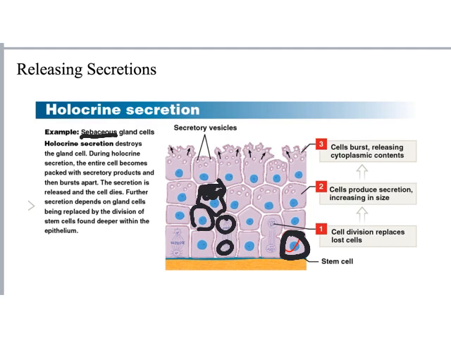And then once they've produced enough of that oil, then they will self-destruct and spill that oil into a tube, into a hair shaft, wherever it's needed. So make sure you understand the three different types of secretion, and that you have an example or two of each type of secretion.